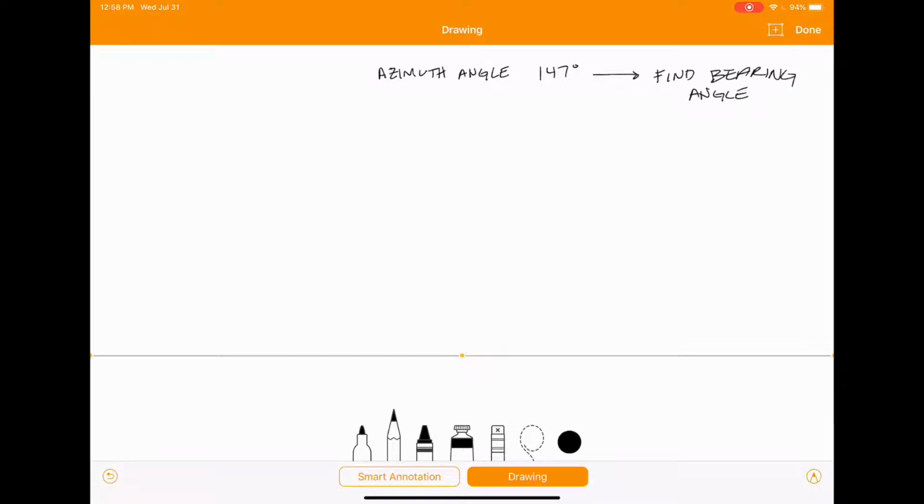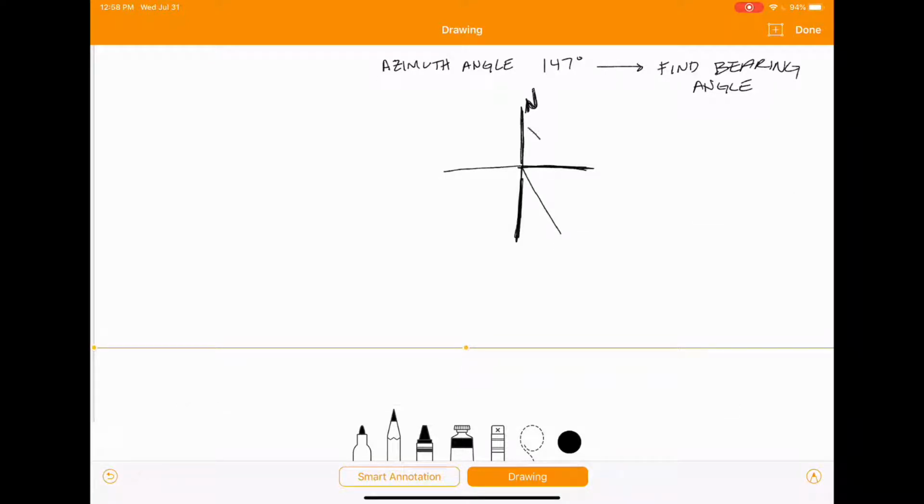The first thing you're going to want to do is draw a picture of this so you can visualize and see which quadrant it's going to be in. So we know that 147 is going to be down in this quadrant because this line here is 180 degrees and this line here is going to be 90 degrees. Because again, you always start from your north line here for azimuth angles. And we know that there is 147 degrees.